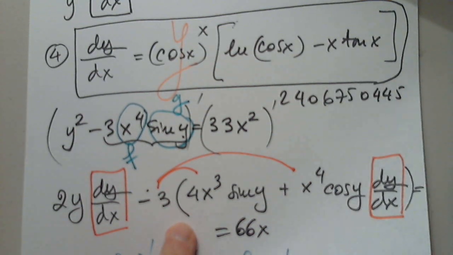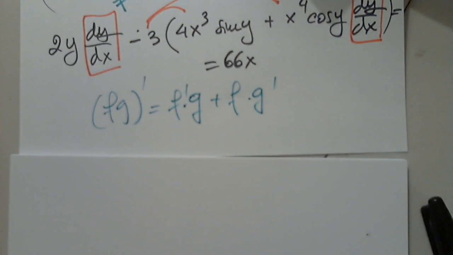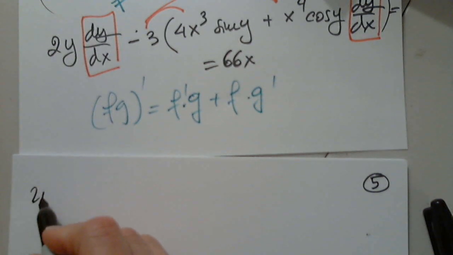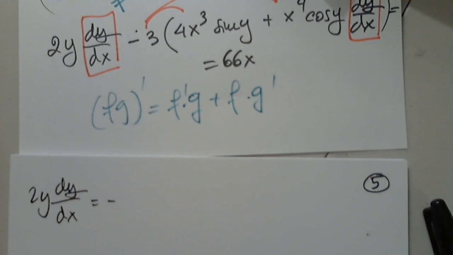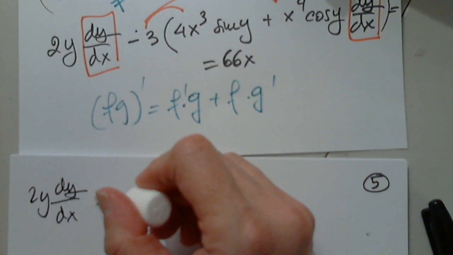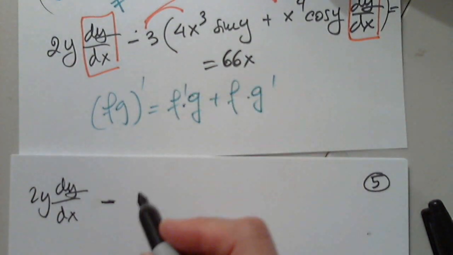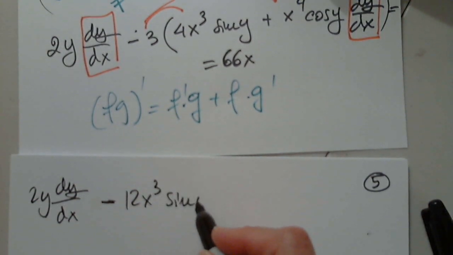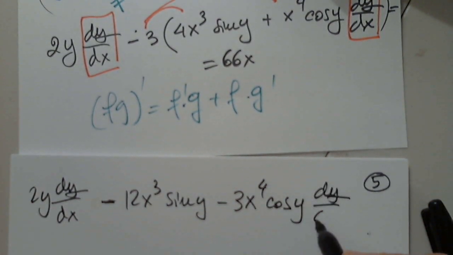Very good. So then I'm continuing, and I think this is my page 5. So then we have 2y dy over dx equals, oh, not equals, sorry. I didn't mean to write equals, of course. Minus, I'm distributing first. So minus 12x to the third times sine y minus 3x to the fourth cosine y dy over dx equals 66x.